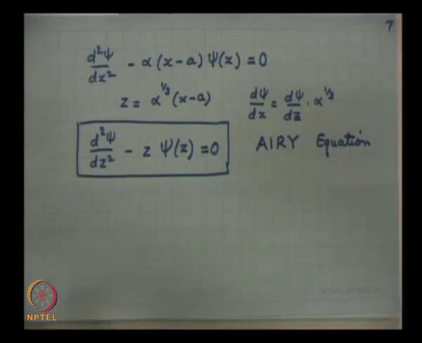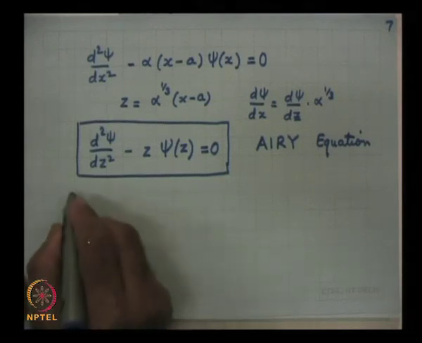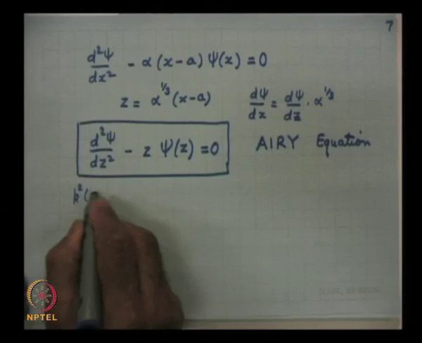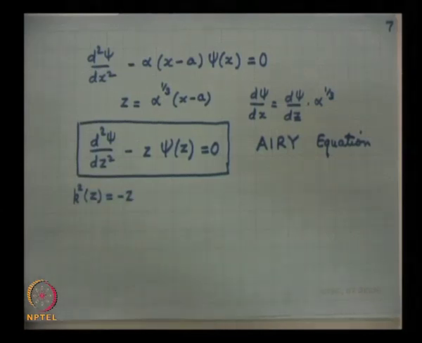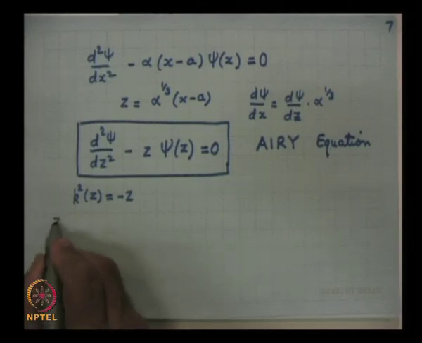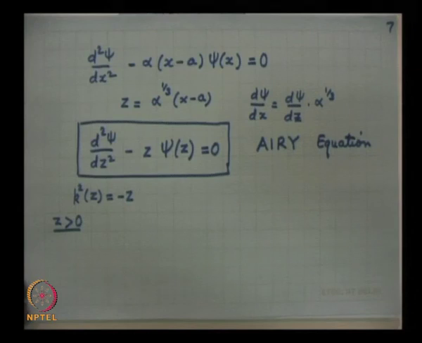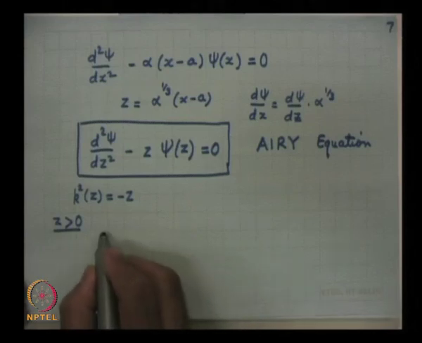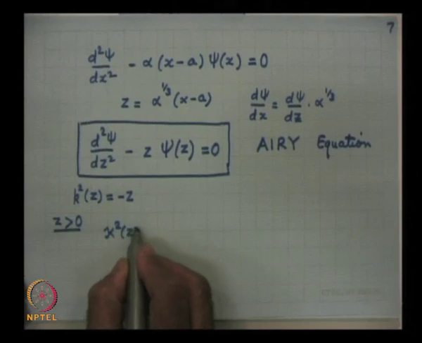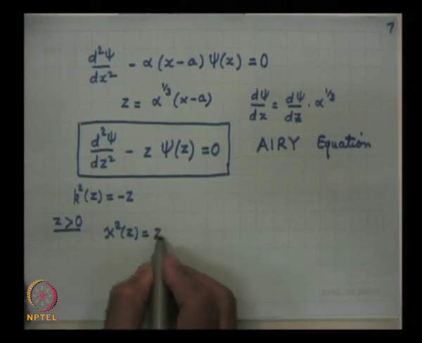Now, first let me write down. Here in this case k square of z is equal to minus z. So, for z greater than 0, I must write k square of z is equal to minus kappa square of z, and kappa square of z will be equal to plus z.